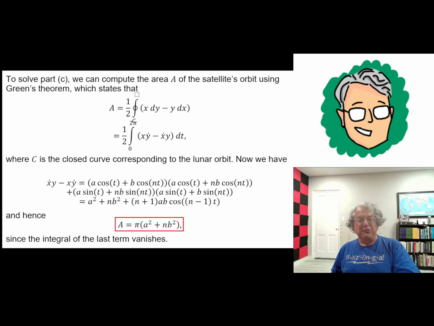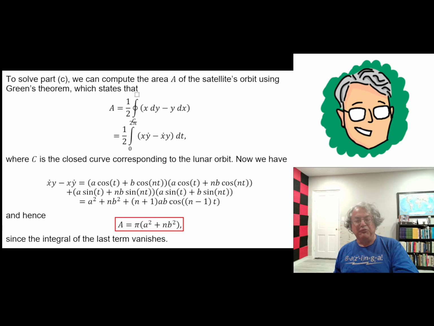If you're not familiar with it, here it is. I think you can derive it using Stokes' theorem. There are different ways you can derive this formula for the area of a closed curve, but this is a nice formula. It's equal to 1/2 times the integral over the curve, I'm calling it C, of the quantity x dy minus y dx.